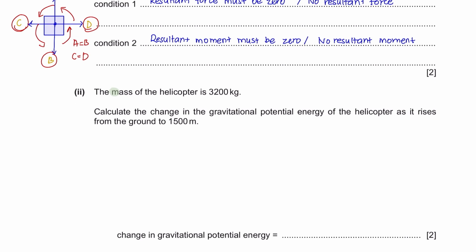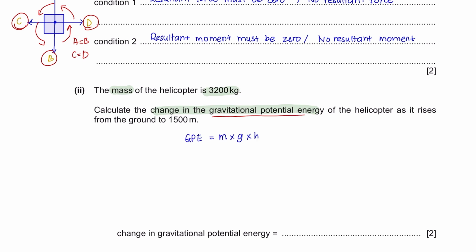Part 2. The mass of the helicopter is 3,200 kilograms. Calculate the change in the gravitational potential energy of the helicopter as it rises from the ground to 1,500 meters. The formula to calculate the GPE is mass times gravitational field strength times change in height.